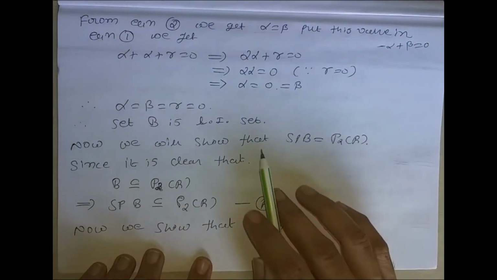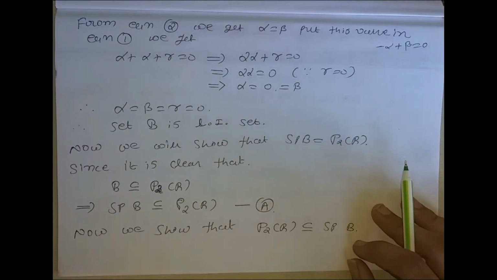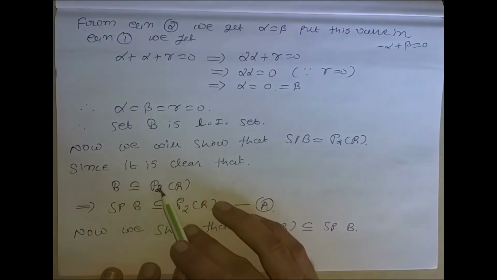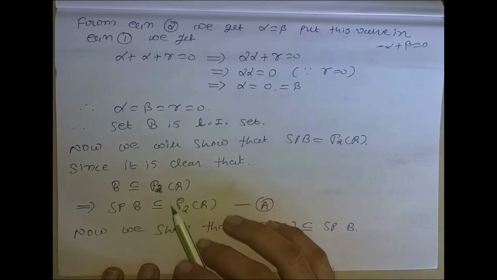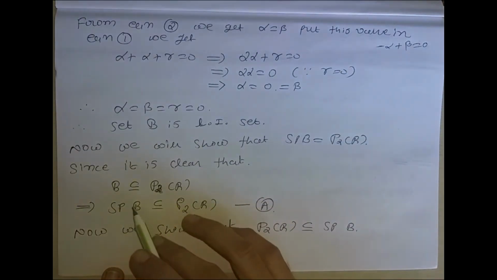Now we will show that span of B is equal to P2(R). Same process. B is a subset of P2(R). We know that set B contains polynomials of degree not 3 but degree 2, and P2(R) is the set of all polynomials of degree at most 2 with real coefficients.